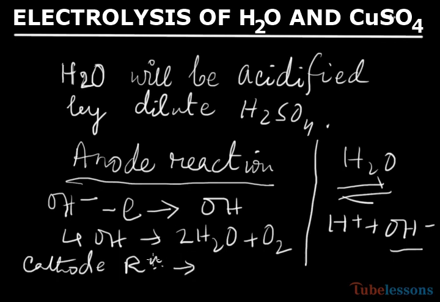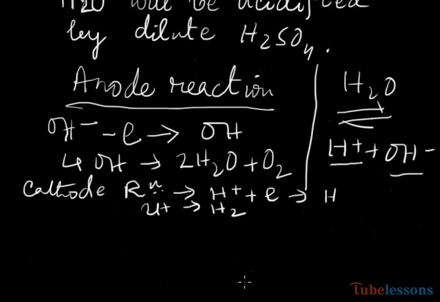In the cathode, being the negative electrode, the H+ ions will migrate, and after migration, each H+ ion will receive 1 electron to form an H atom, and 2 atoms combine to form a hydrogen molecule. So after electrolysis of water, we will get hydrogen at the cathode and oxygen at the anode.